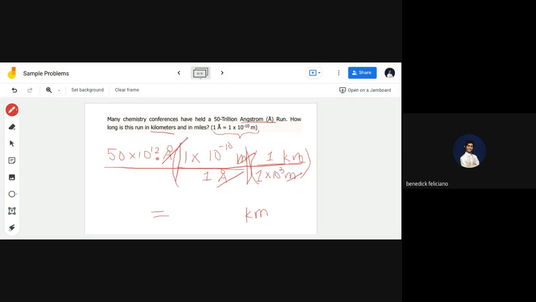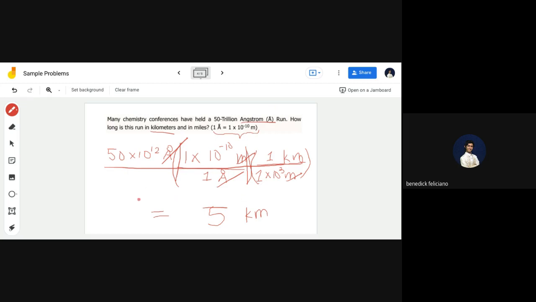So we need to calculate this using a scientific calculator, which means 50 times 10 raised to 12 times 1 times 10 raised to negative 10, and then divided by 1 times 10 raised to 3. So our final answer is 5 kilometers.